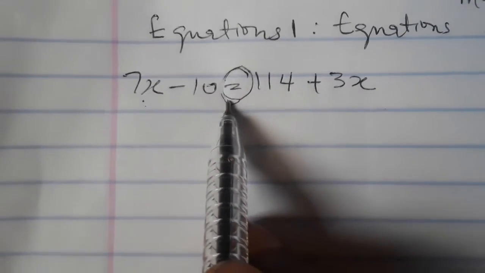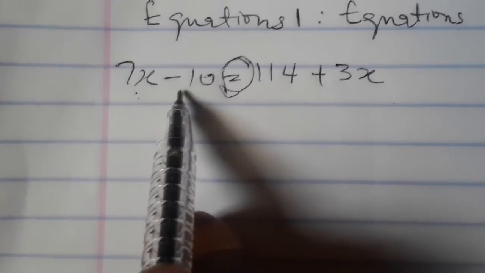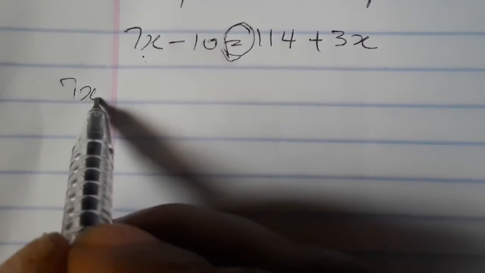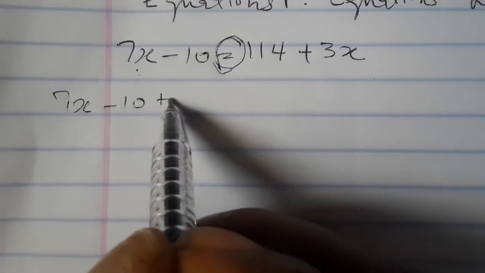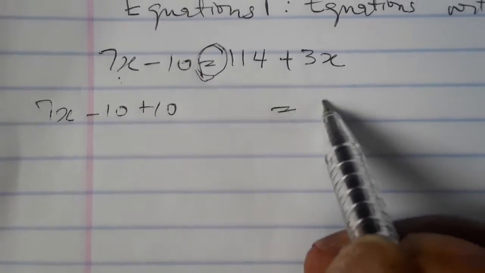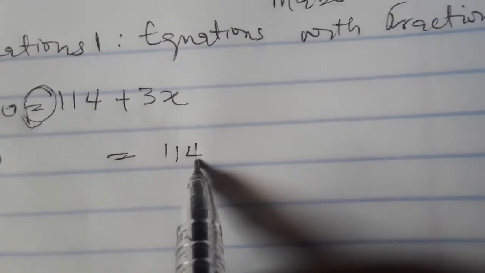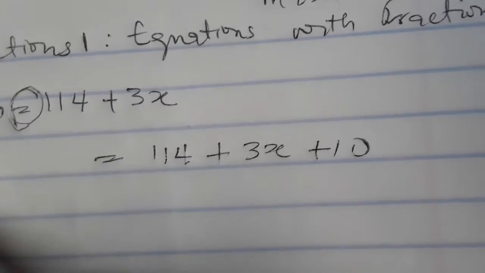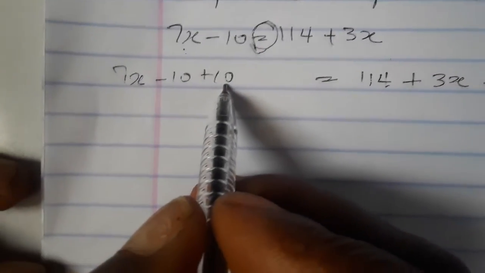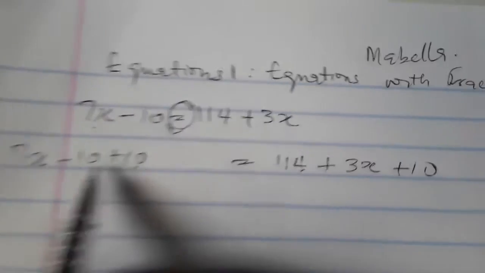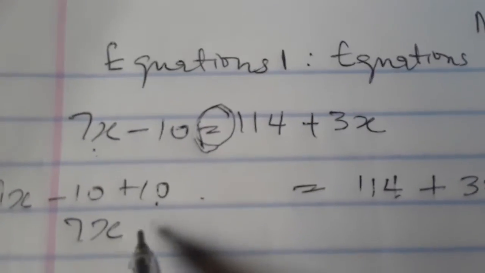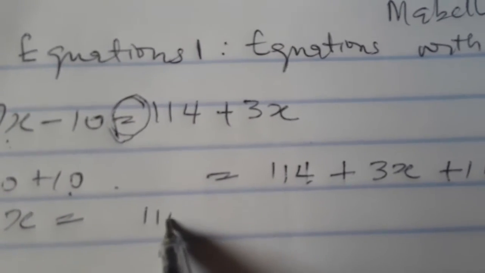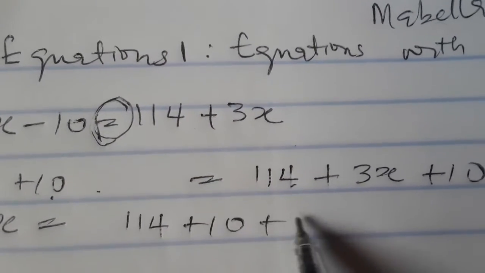Now let's try and collect like terms. In doing that, what we're saying is to remove 10 from this side, you must add 10 to this side. 7x minus 10 plus 10, right? So I must also have 114 plus 3x plus 10, since I've added to this side. I hope you're with me. Now if I do that, I have 7x is equal to 114 plus 10 plus 3x.